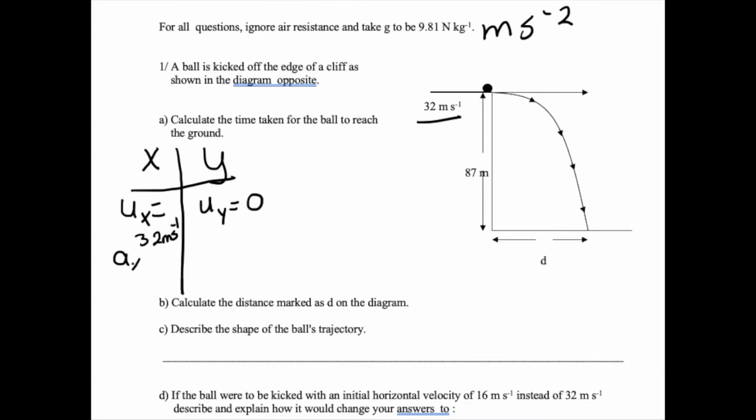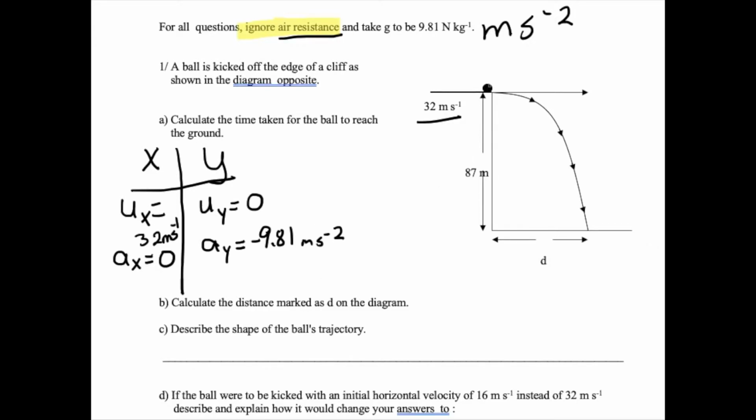Acceleration along the horizontal is definitely 0. There is no air resistance, so we have to remember that applies to all of the questions. We ignore air resistance in all questions. We do know that the acceleration along the y is downward 9.81 meters per second squared.